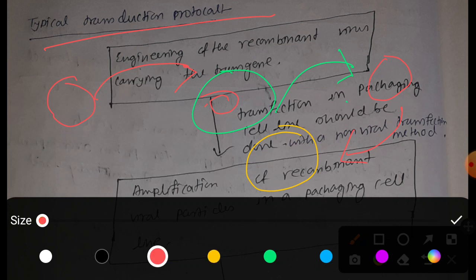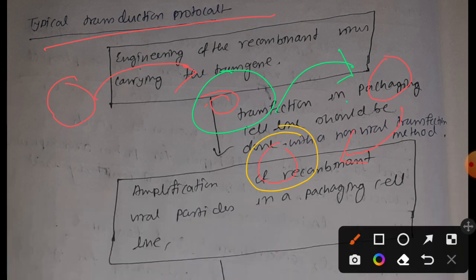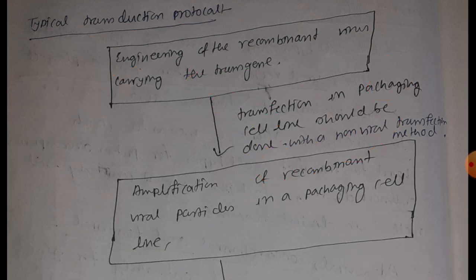That is how the entire typical transduction protocol for viruses goes. And another important thing: yes, it will provide you 90 to 100% transfection efficiency, but you have to make sure that a specific receptor is present on the surface of the cell. Otherwise the viral transfection efficiency for those cells will be 0.